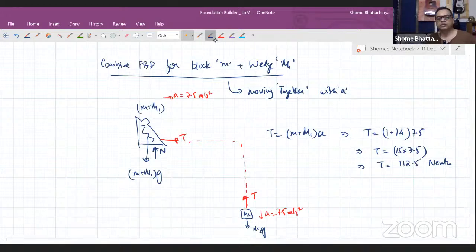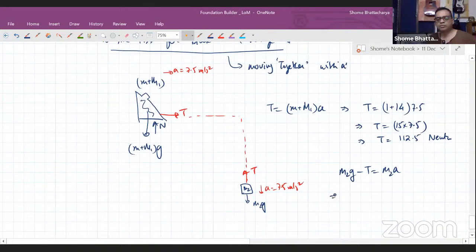Okay. So now we know that for this one, M2g minus T is equal to M2a. So from this we will get the value of mass. M2 into (g minus a) should be equal to T. So the mass of this object should be this tension divided by (g minus a).